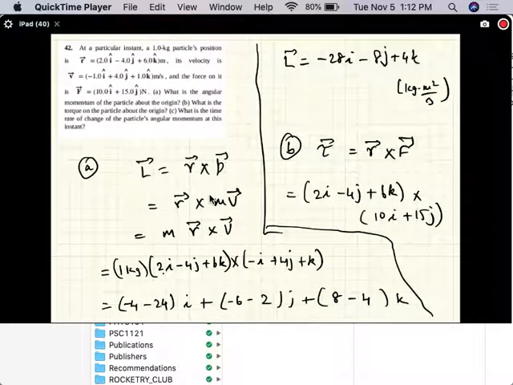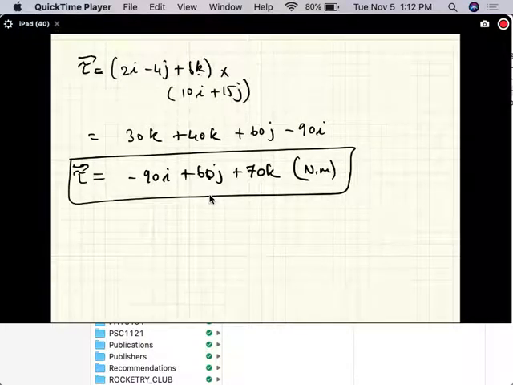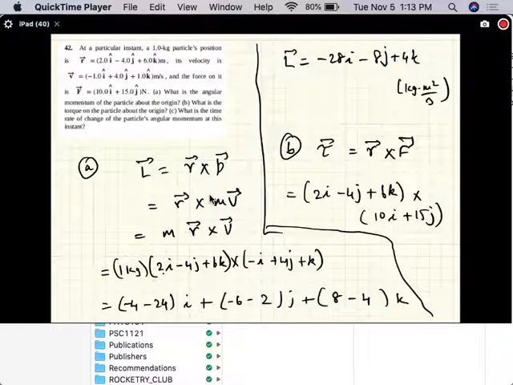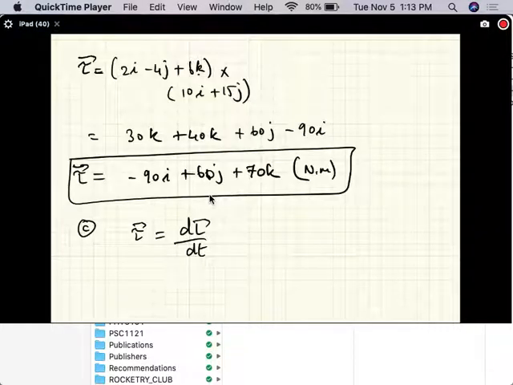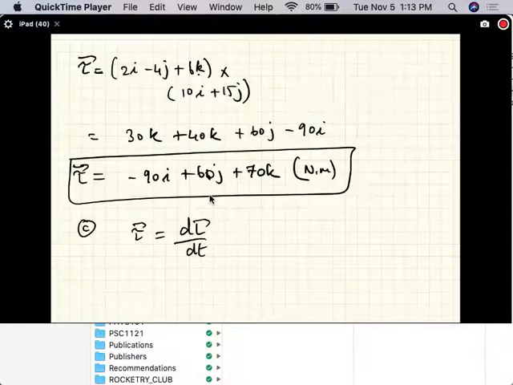All right. Part C. What is the time rate of change of the particle's angular momentum at this instant? Part C is just asking you this question. The torque is the time rate of change of angular momentum. At this instant, you calculated the angular momentum, and you calculated the torque, and the angular momentum is changing at this rate.